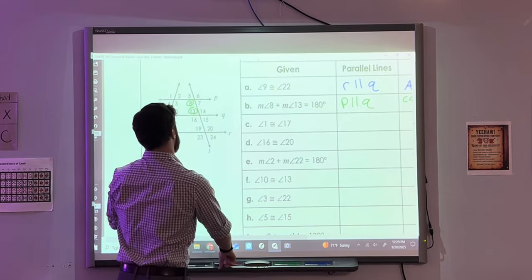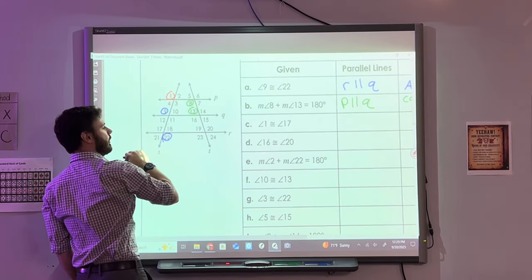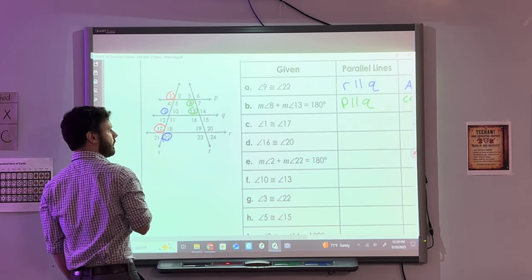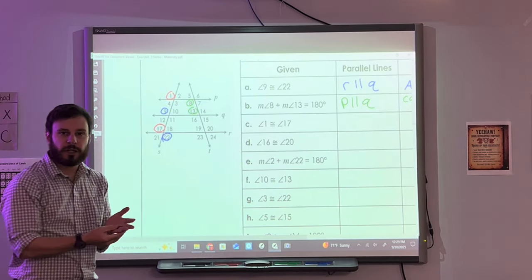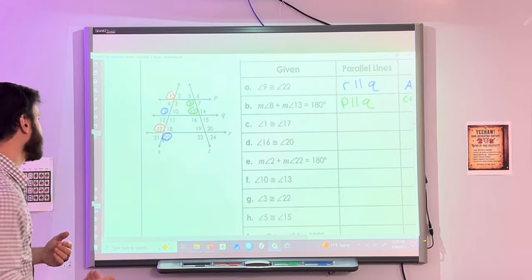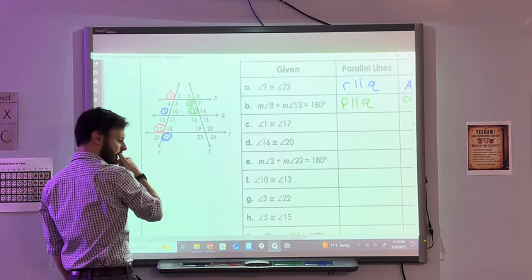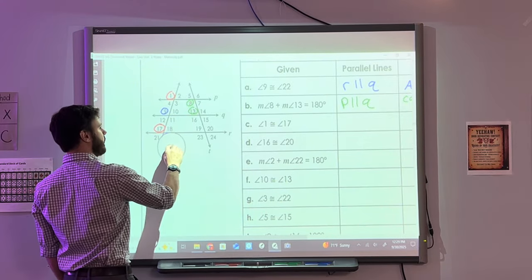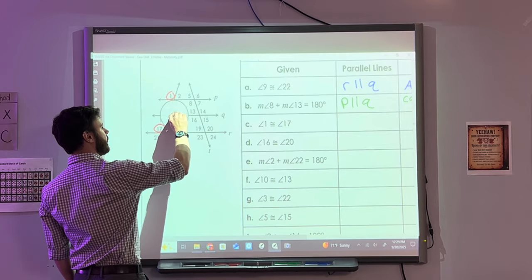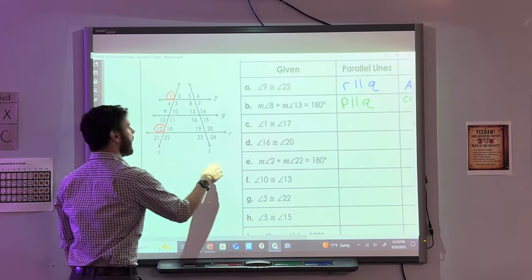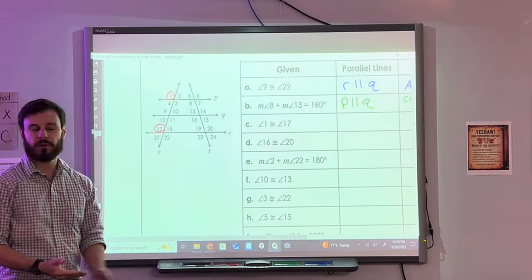1 is congruent to 17. 1 and 17. Okay, so here's a little tricky part, because we're skipping that middle line, right? Q, I'm jumping over this one to get to here. Maybe delete everything else so you can focus on it and see how we skip this over. That's okay, we can skip over that.